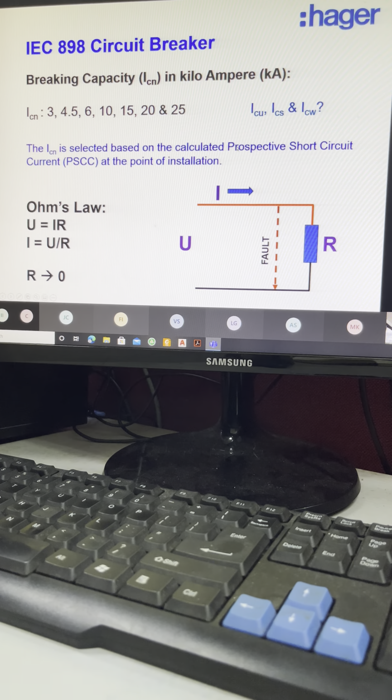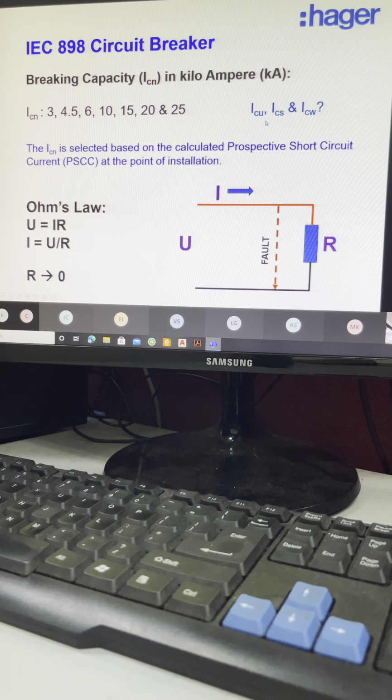I repeat, once you calculate your PSCC and get the value, the ICU of the circuit breaker must be the same or more than the PSCC.